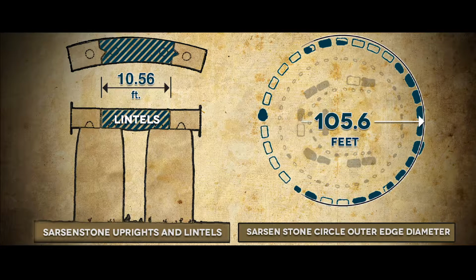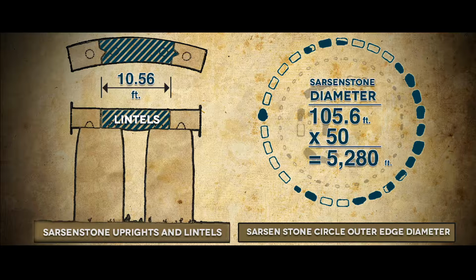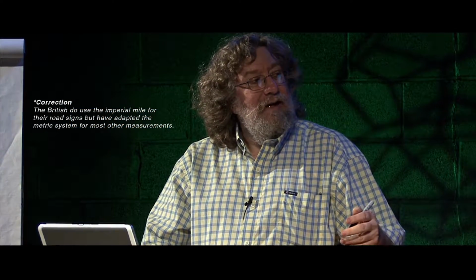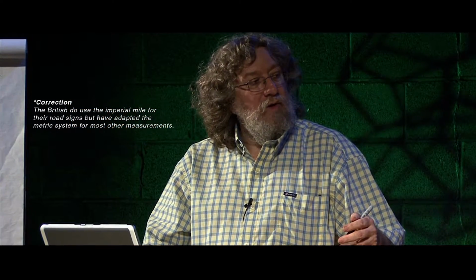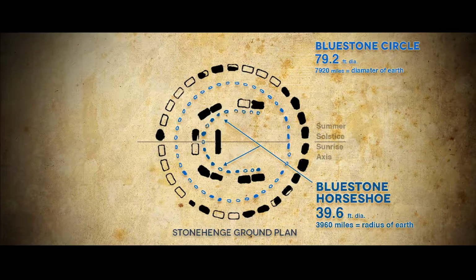Multiply that by 50, and you have exactly the British mile that we've inherited, which is now the American mile, since the British don't use that mile anymore, they use kilometers. So we here in America are essentially preserving that ancient sacred unit of measurement that was being used by the builders of Stonehenge.